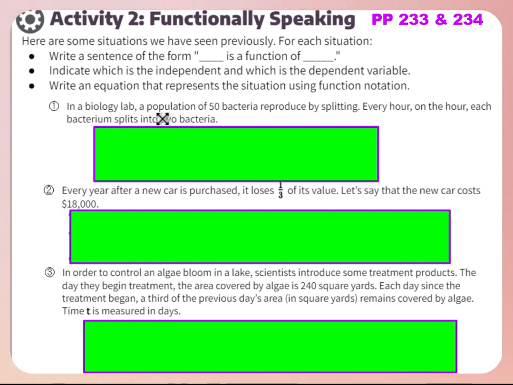In a biology lab, a population of 50 bacteria reproduce by splitting. Okay, so we're going to half it. Let me write that down so you'll understand what I'm saying. Okay, they split. Here's the bacteria. It splits into 2.